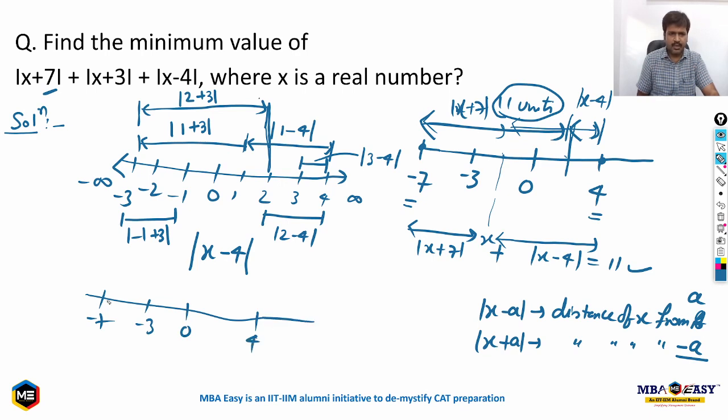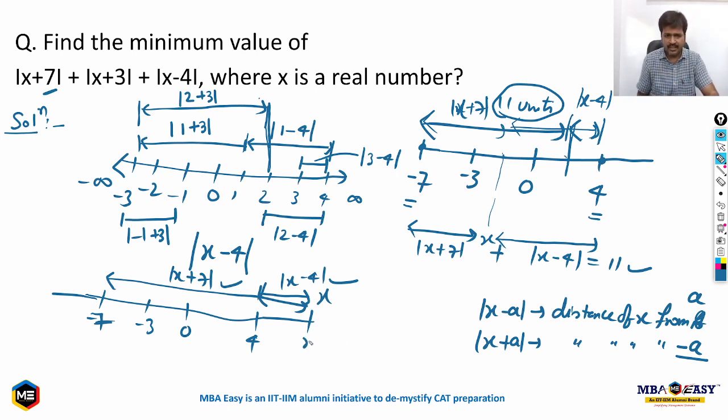If I take x beyond these two extreme points, -7 और 4 के बाहर लेते हैं अगर हम लोग, सपोज हमने x यहाँ ले लिया, if this is my x, then ये डिस्टेंस हो जाएगा mod of x minus 4, और ये पूरा डिस्टेंस हो जाएगा mod of x plus 7. और आप देख सकते हैं कि इन दोनों का सम 11 से ज्यादा हो रहा है, बिकॉज x से -7 का डिस्टेंस ही 11 से ज्यादा है और ये डिस्टेंस एडिशनल हो रहा है, तो दिस इज एडिंग अप टू बी मोर देन 11, राइट.